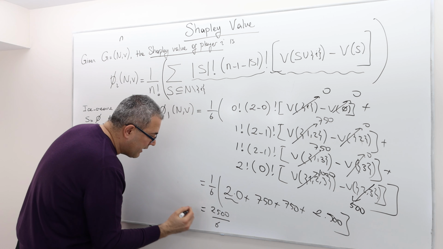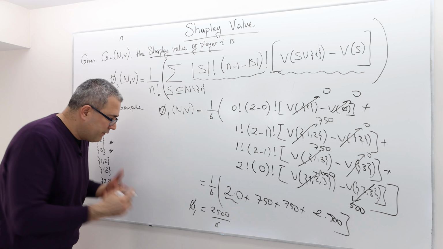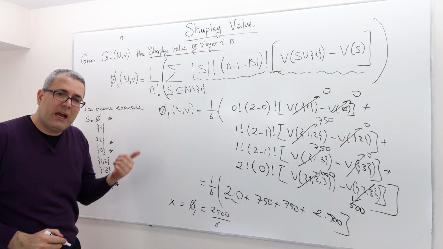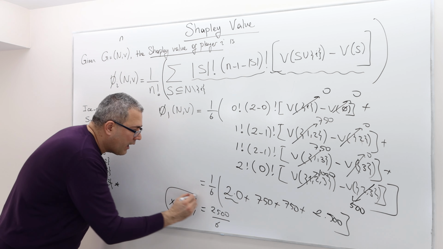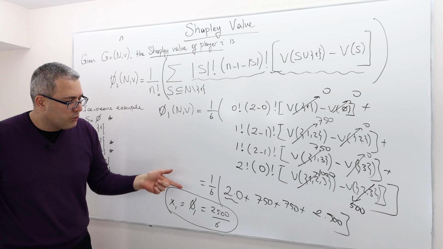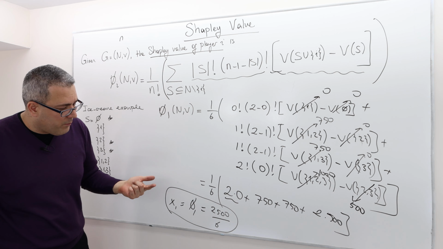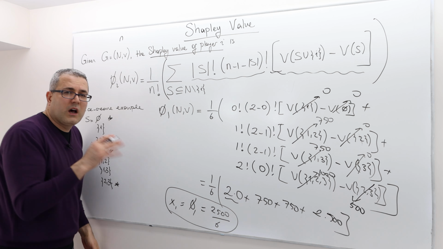This is what phi 1 is. In fact, according to Shapley's value, this is what the payoff vector should be for player 1. It should give him 2,500 divided by 6, which is approximately 400.